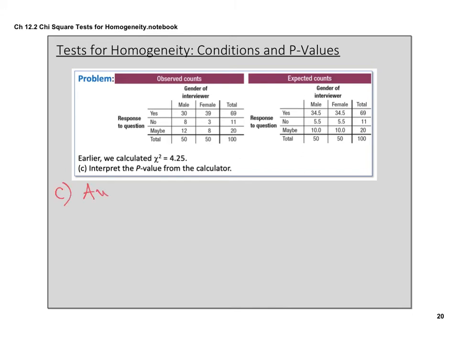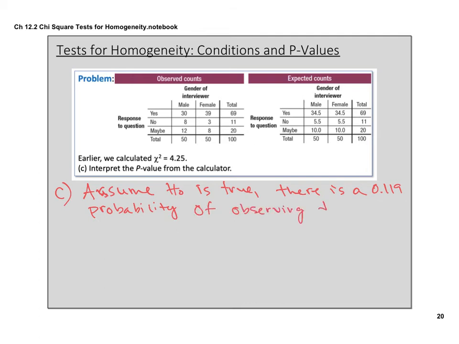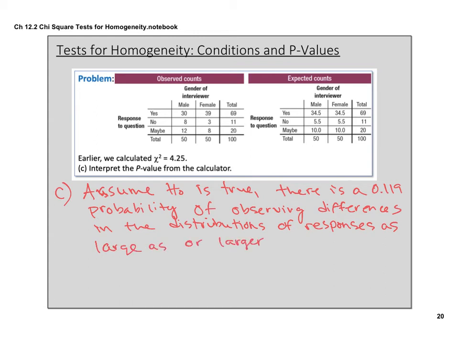So in C, remember when we're interpreting a p-value, we always start by saying, assuming the null is true, then we say there is a 0.119 probability of observing differences in the distributions of responses as large as or larger than those in this study by chance alone.